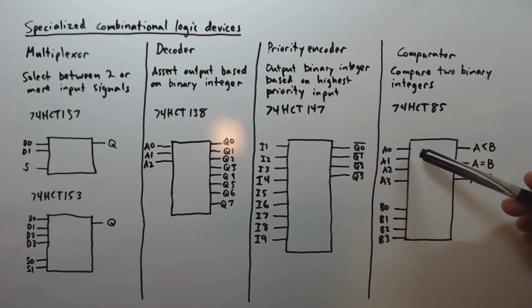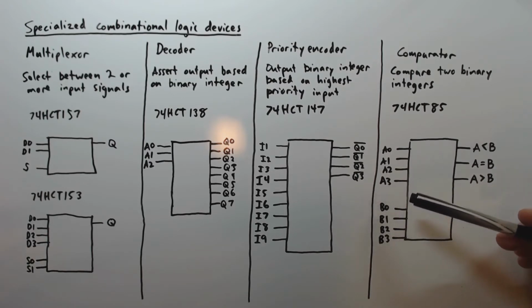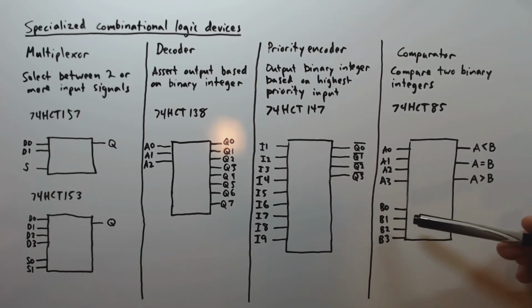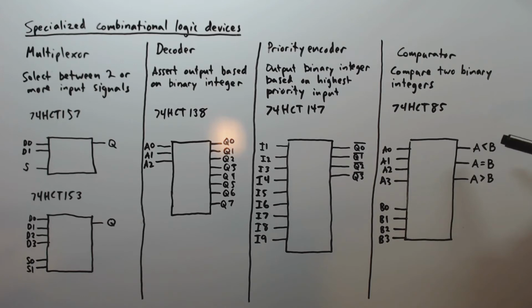What that chip does is that it takes 2 4-bit integer values, A and B. So A0 through A3, those are the inputs indicating the binary representation of A. B0 through B3, that's the binary representation of B. Based on the particular values that are asserted at these inputs, one of these 3 outputs is asserted, indicating either that A is less than B, or A is equal to B, or A is greater than B.